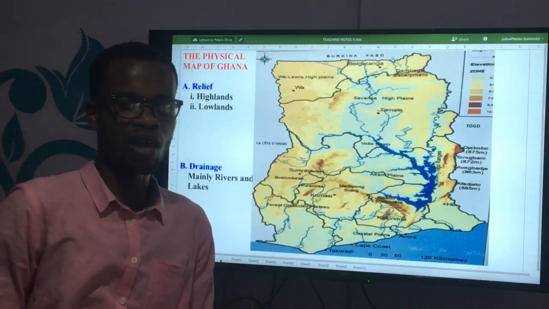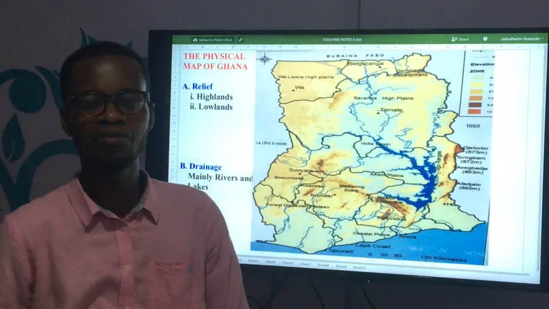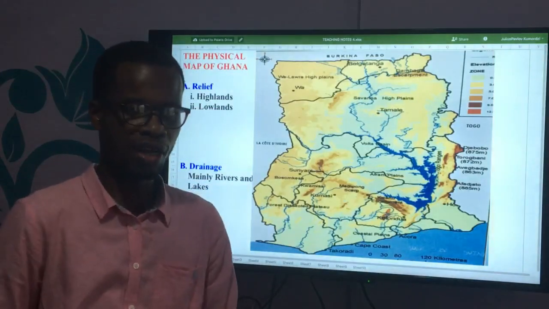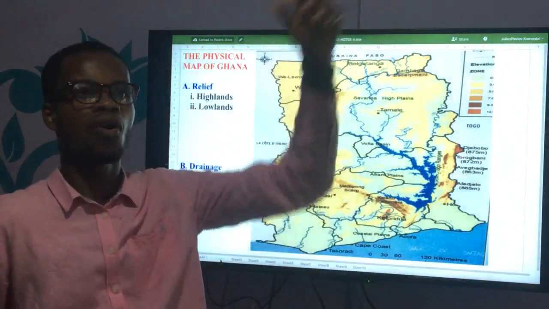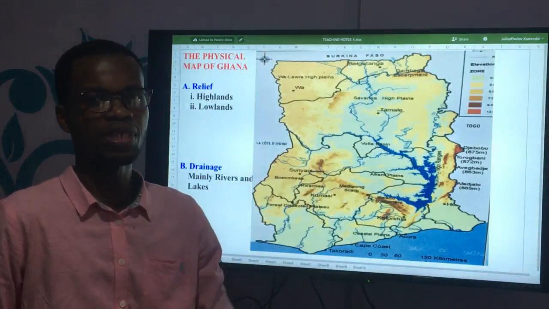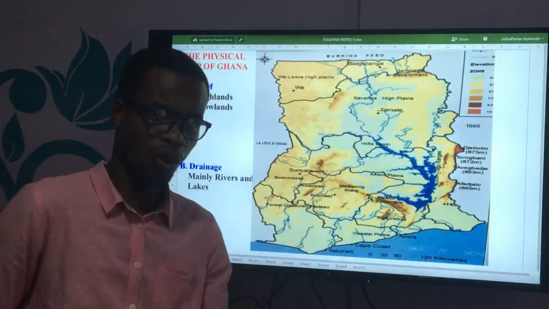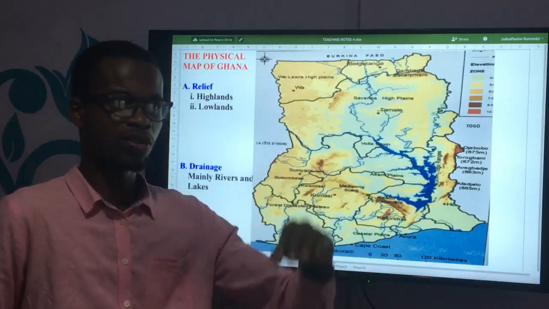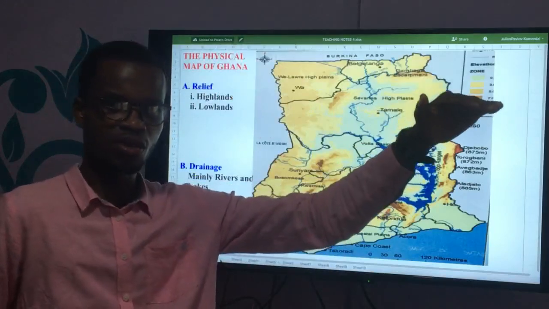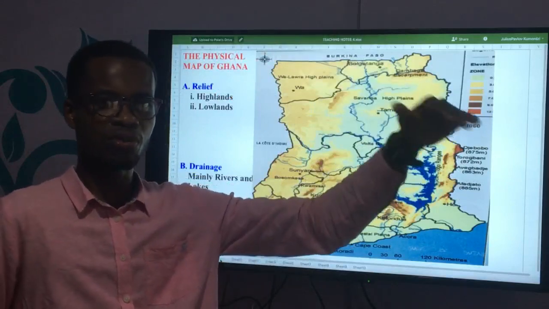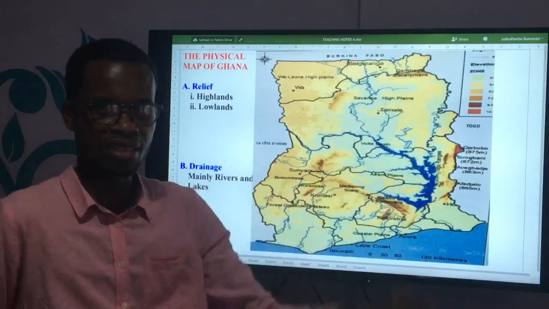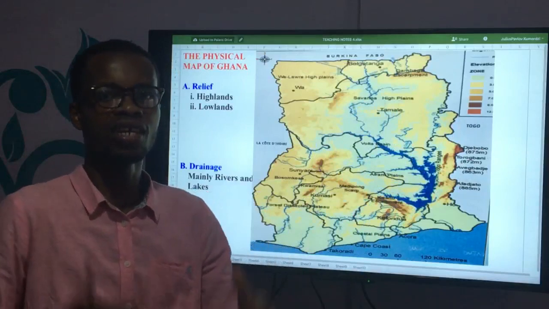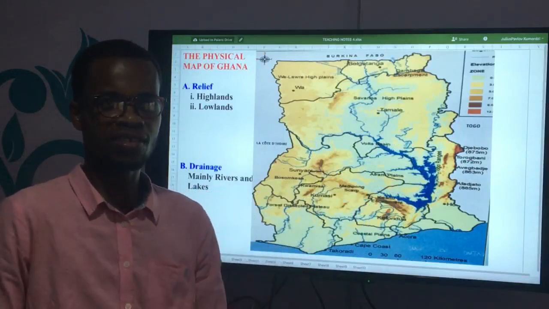So what we do is use the level of the sea to measure the height of the land, be it a highland or a lowland. So I've told you, when you give the meters, we say so and so meters above sea level.